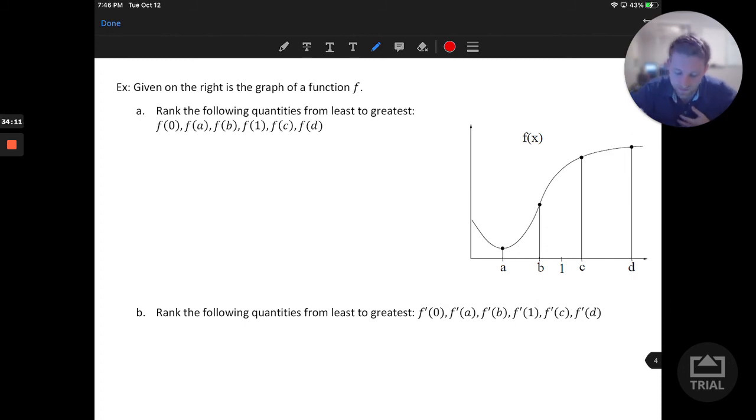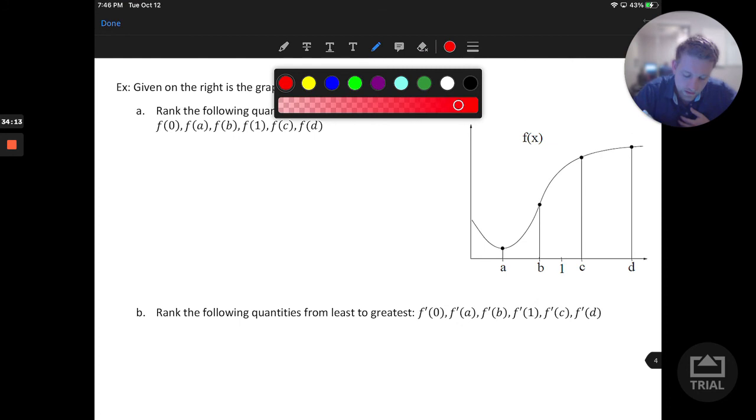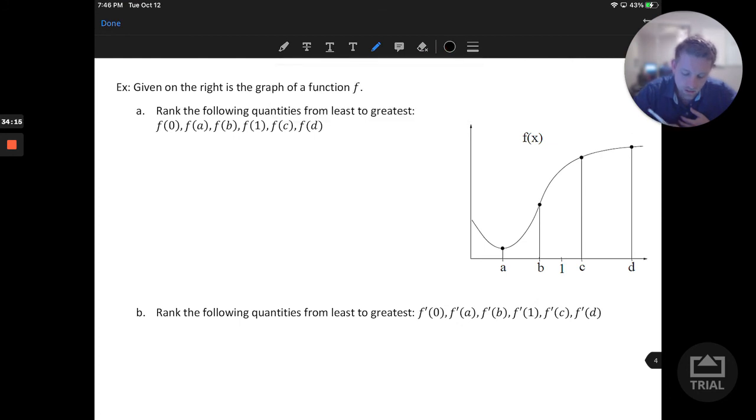We want to make the distinction between our functional values and then the derivative values in part B. So let's see if we can rank the following quantities from least to greatest. If you want to pause the video and try yourself, you can pause the video now and we'll come back and look at it.